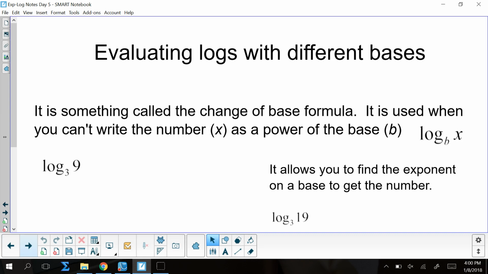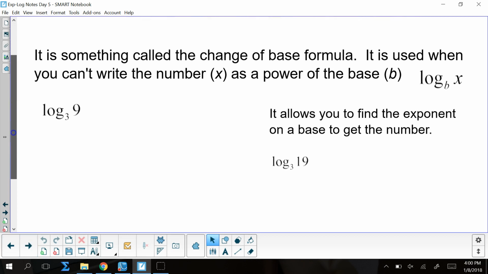Yesterday when we were in class, we talked about logs with base 10 and logs with base e, common logs and natural logs, and how those can be found on our calculator. Okay? Or we also worked on ones like log base 3 of 9, where we could set that equal to x, and then, since it's in logarithmic form, put it in exponential form.